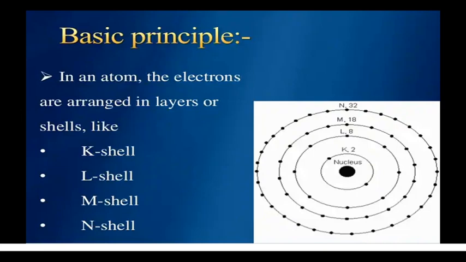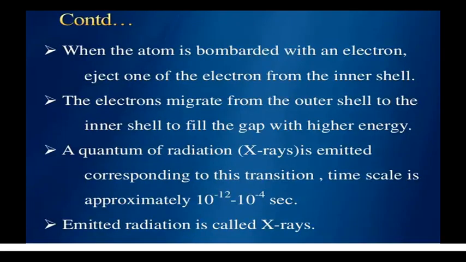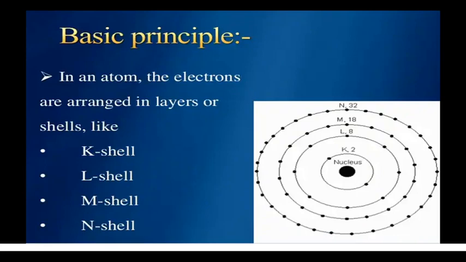We know that in an atom, the electrons are arranged in shells like a K shell, which can accommodate 2 electrons, an L shell, which can accommodate 8 electrons, an M shell, which can accommodate 18 electrons, and so on. Think that this atom is bombarded with an electron. The electron will give its kinetic energy to this atom.